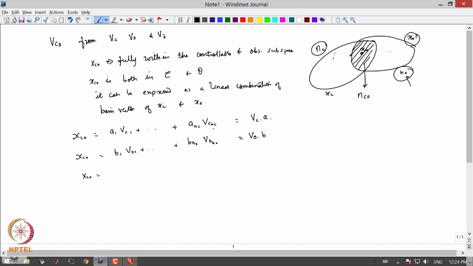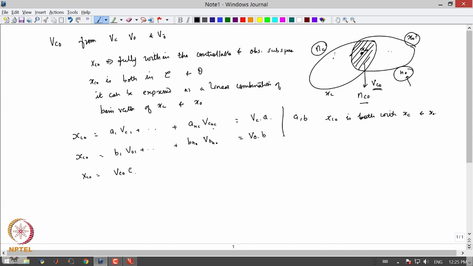And this is also in this subspace, so I can also write this as some basis vco, which is the subspace which is both controllable and observable, plus some vector c. So this vectors a and b are such that xc naught is both within the controllable and observable subspace.